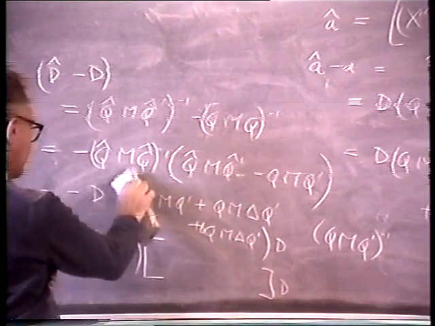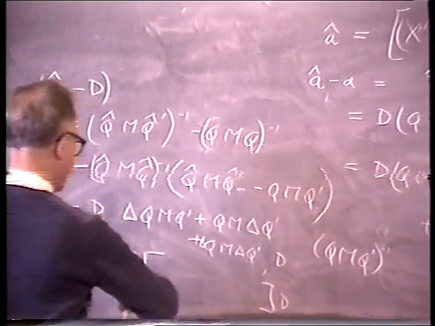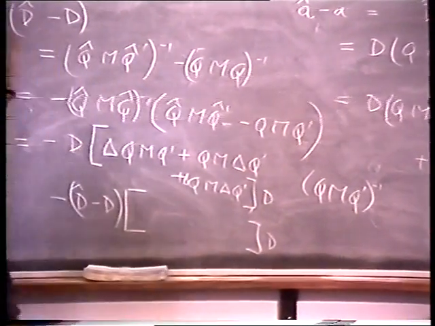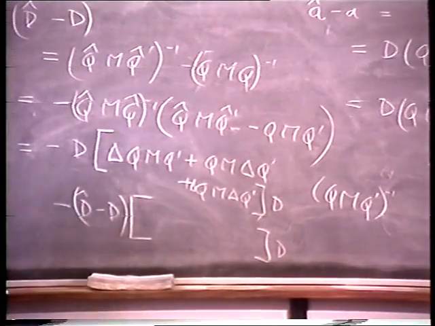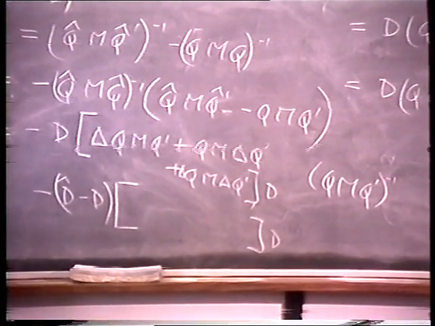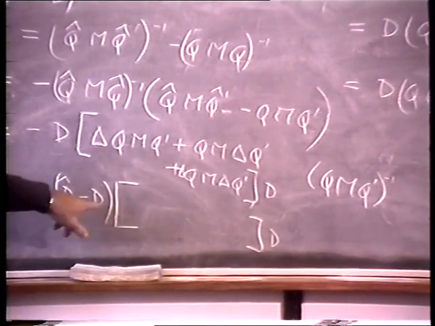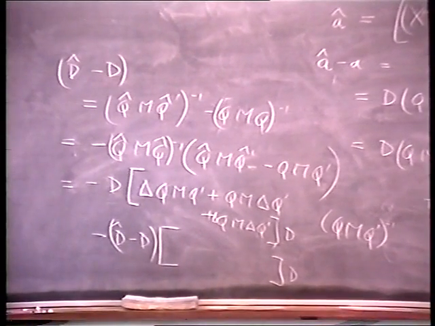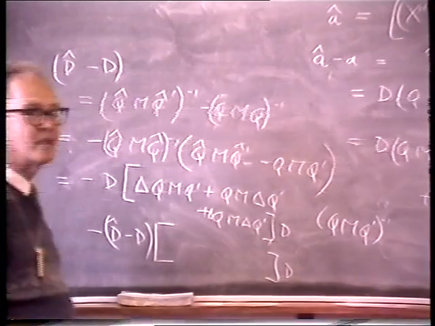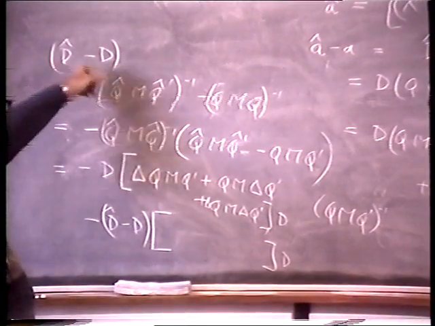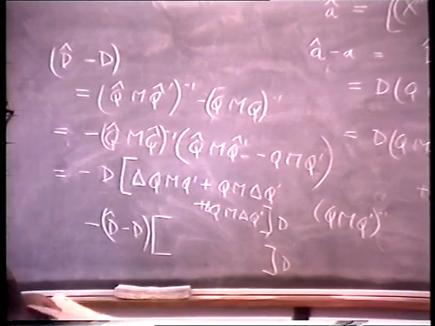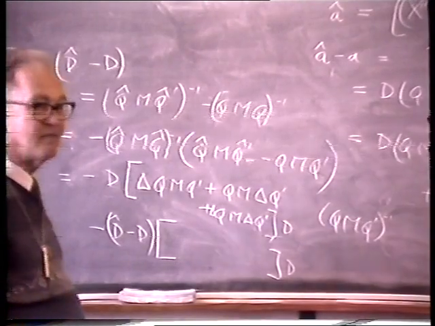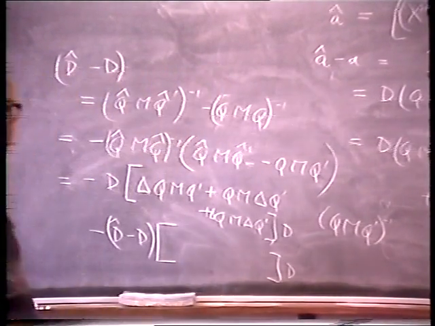Yes, in order to make that more intelligible, let me replace that by square brackets and then say that we have the same thing in square brackets here as we have up here. Well, that's an obvious recursion in the sense that you can now substitute for d hat minus d the same expression as before and continue for as many terms as you like, and that will give you as many terms as you like in the expansion of d hat minus d, with a remainder, of course, which corresponds to the remainder on the Taylor series expansion.